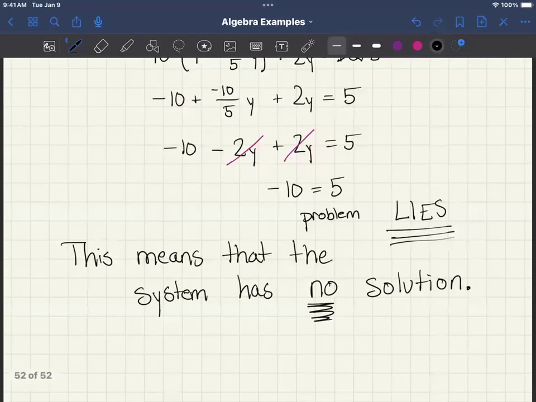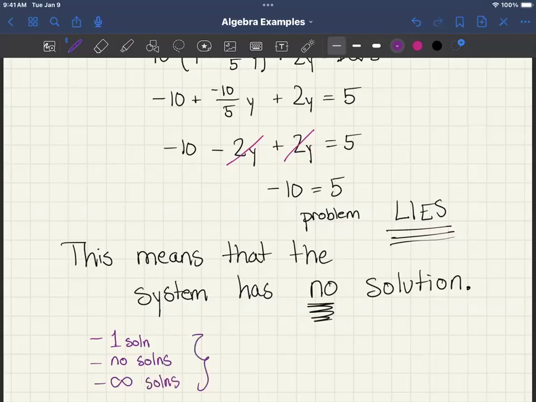Just as a side note, you might get one solution, you might get no solutions, or you might get infinite solutions. For systems of equations, those are the three outcomes that you can possibly have. In this case, we ended up with no solutions.